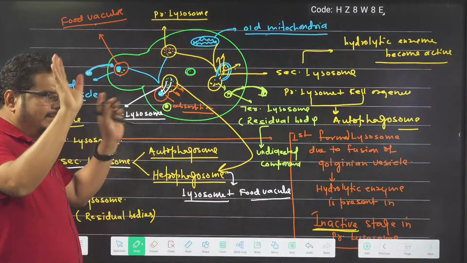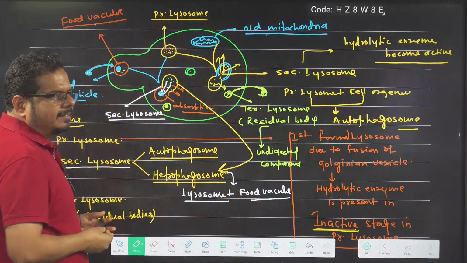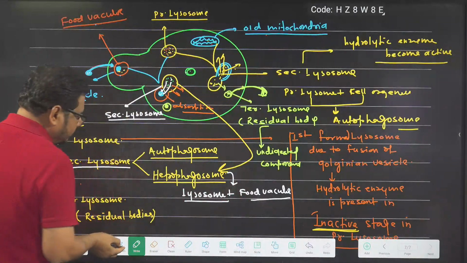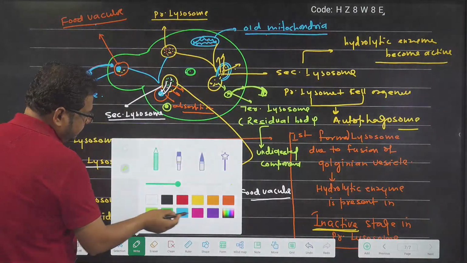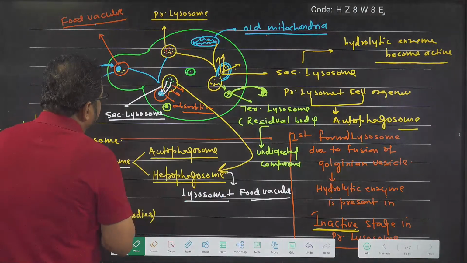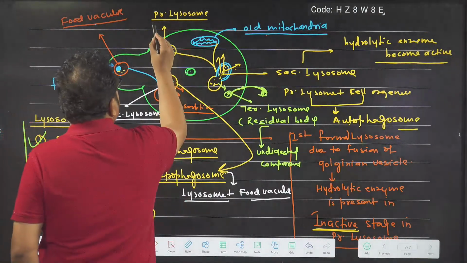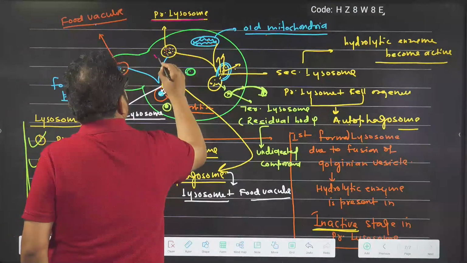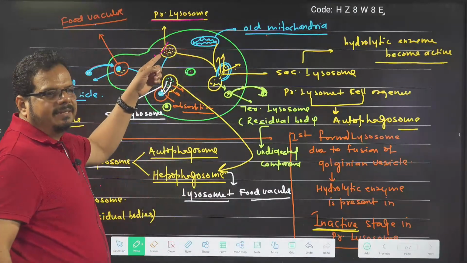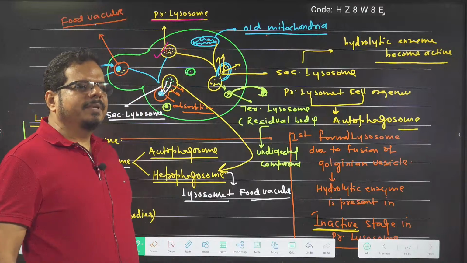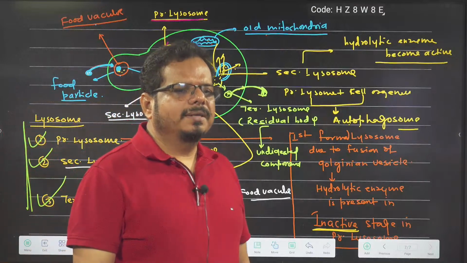So let me tell you once again. Listen carefully, give your attention. I am starting with the primary lysosome. This is the primary lysosome. This is the cell organelle here.